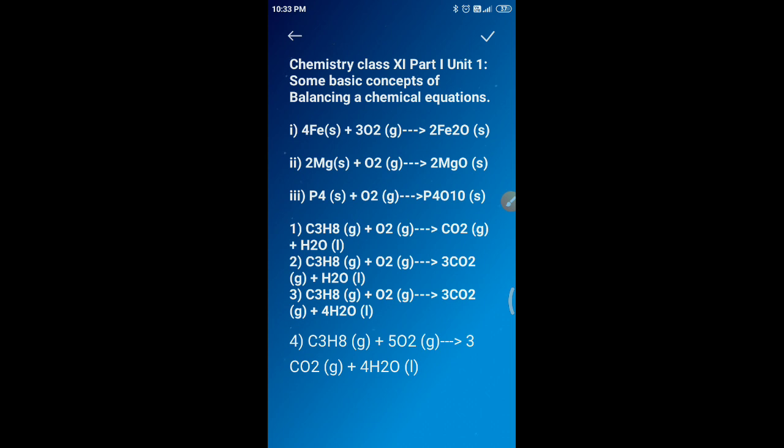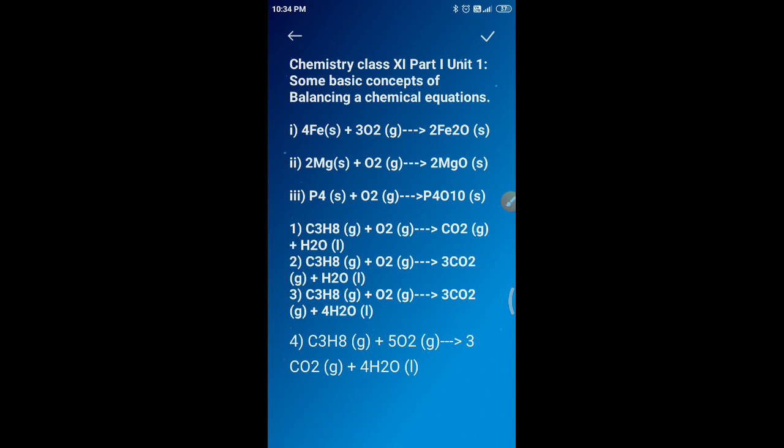First one, metals and non-metals with oxygen. How the reactions will happen, we'll see in the first equation. 4Fe (solid) plus 3O2 gives 2Fe2O3.